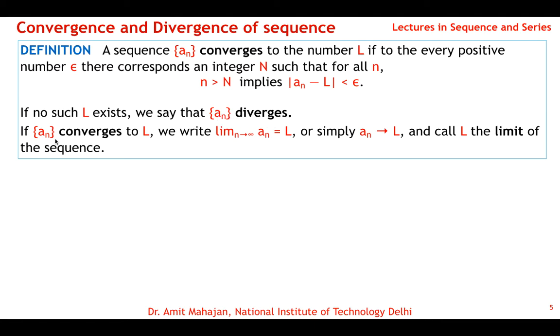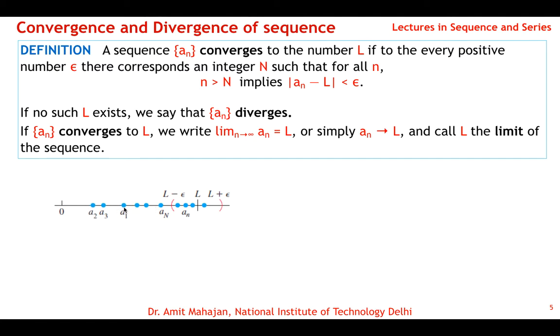Okay, if a sequence converges to L, we write limit n tends to infinity of a_n equals L, or simply we write a_n goes to L. And we call L the limit of the sequence. So what we mean here is that if we plot the points on the real line, say this is the first element, second element, third element, then you have the fourth, fifth, and so on.